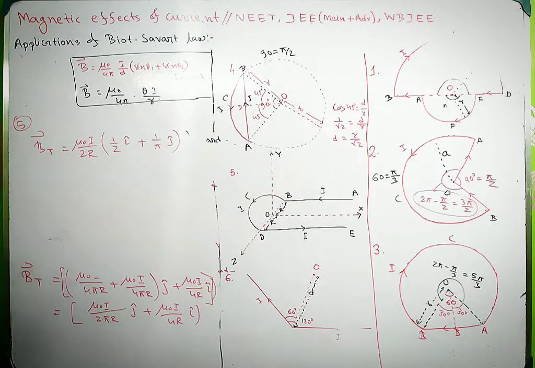So this is the total magnetic field at point O.